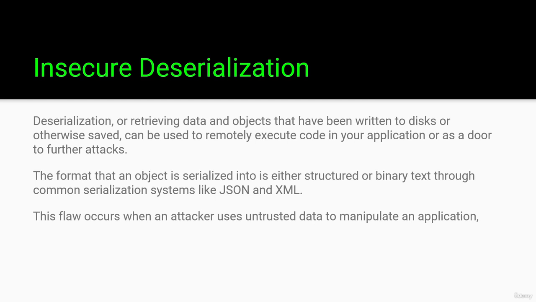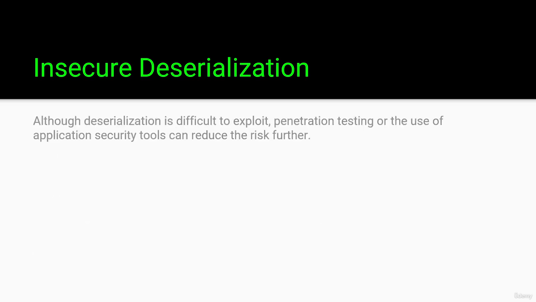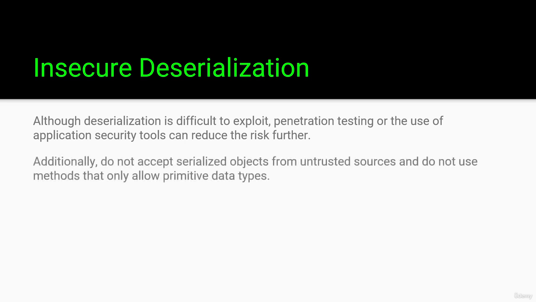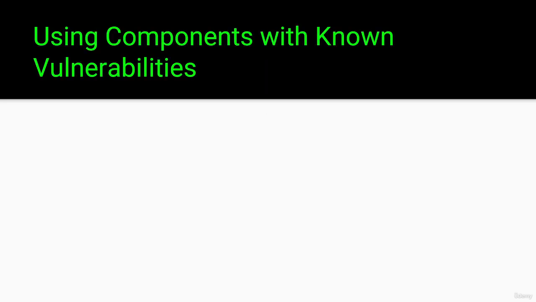This flaw occurs when an attacker uses untrusted data to manipulate an application, initiate a denial of service (DOS) attack, or execute unpredictable code to change the behavior of the application. Although deserialization is difficult to exploit, penetration testing or the use of application security tools can reduce the risk further. Additionally, do not accept serialized objects from untrusted sources, and do not use methods that only allow primitive data types.